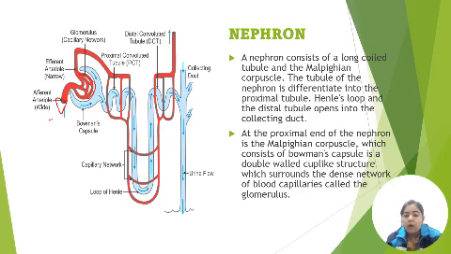Okay, now what happens? The unwanted waste, that is the nitrogenous waste, uric acid and so on, is collected by the glomerulus capillary network, and this nitrogenous waste is passed to the PCT, and the PCT will pass it on to Henle's loop.